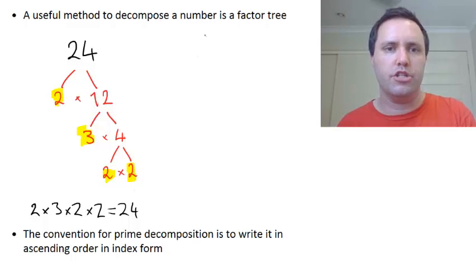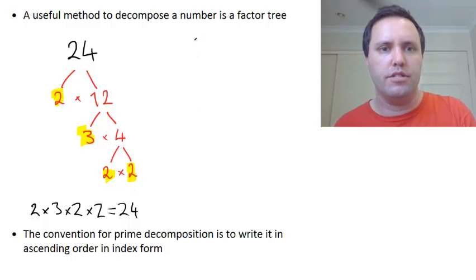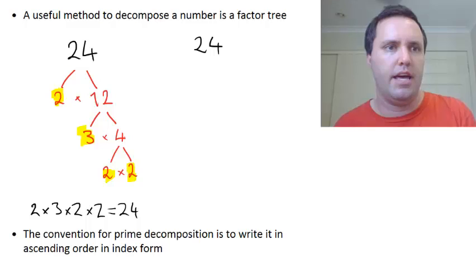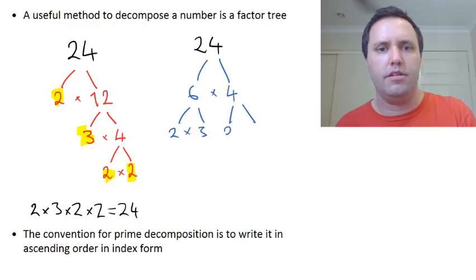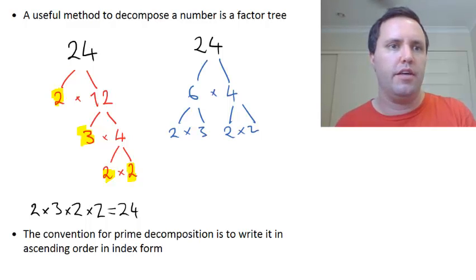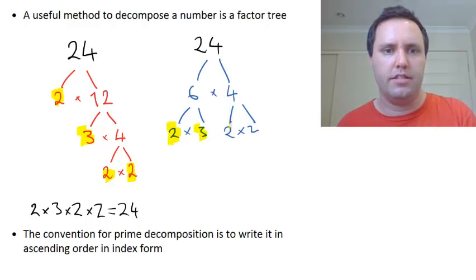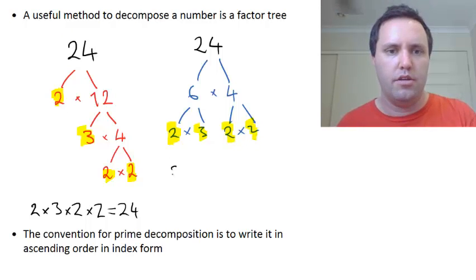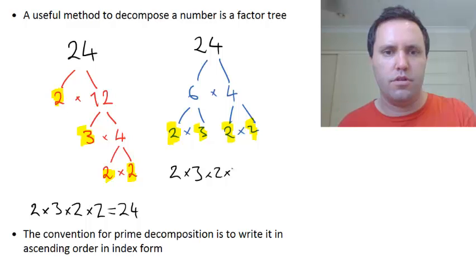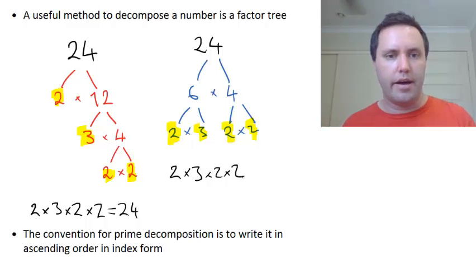The reason I wanted to show you 24 as an example is that if I put 24 here again, in a different colour, we can do this as 6 times 4. 6 can be 2 times 3. 4 can be 2 times 2. And now there are all my prime factors. Again, 2 times 3 times 2 times 2, which equals 24.